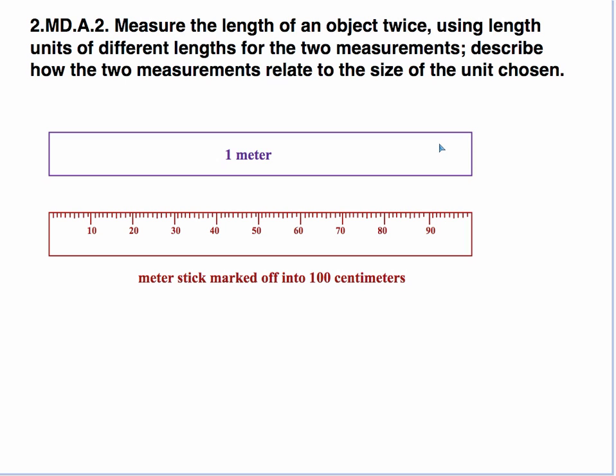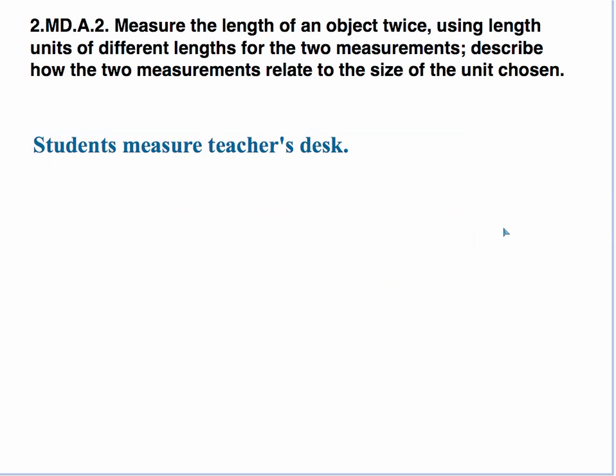Now let's work with the metric system. We have a meter stick, and then we have a second meter stick that's measured off in centimeters. Let's say the task is for the students to measure the teacher's desk. So let's say they took the meter stick that's measured off just as meters, and the measurement turned out to be approximately 2 meters.